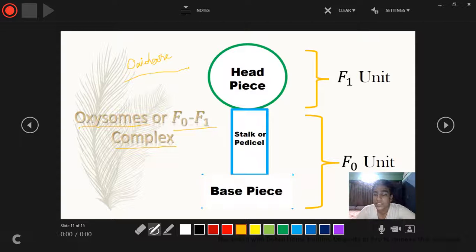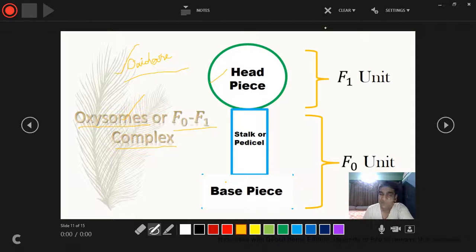You can say this while writing the answers. So this is one of the enzymes present in the matrix. Because of this enzyme, which helps in ATP production, these structures, the main parts of ATP production, are called oxysomes. Because oxidase is a very important enzyme of the matrix, and on the base of the cristae in the matrix these F0F1 complexes are lying, that's why it is called oxysome.